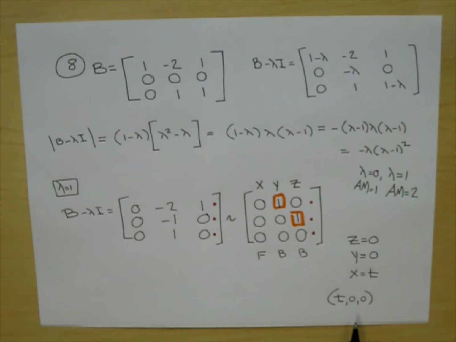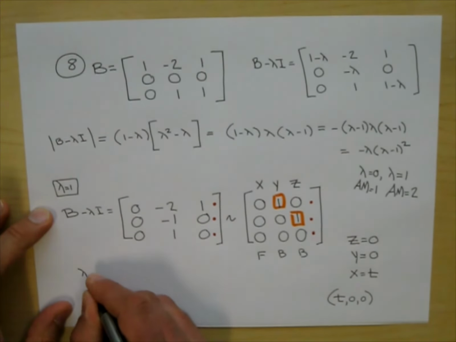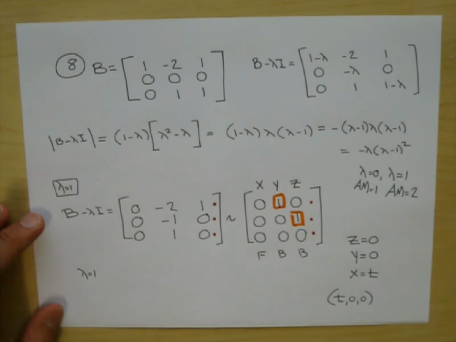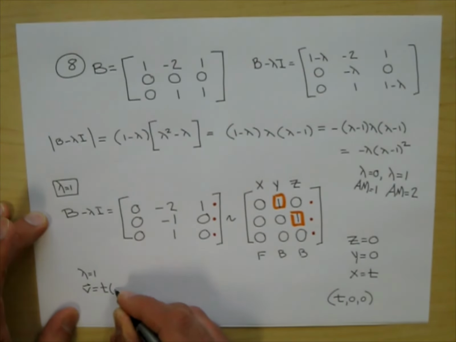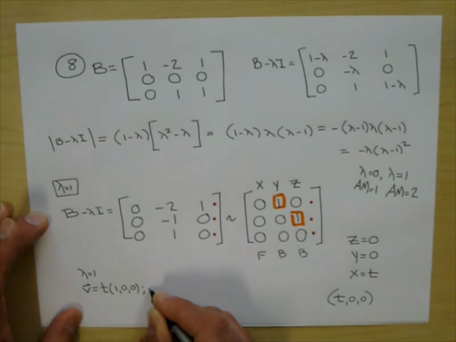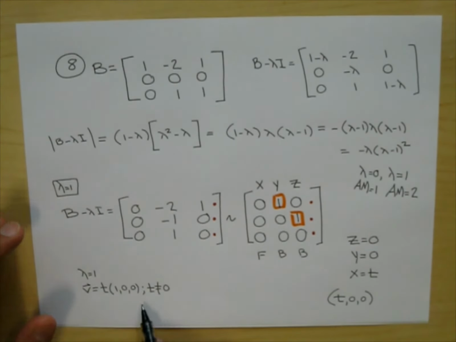So let's write up the information about lambda equals 1. Lambda equals 1. So the information is our eigenvectors look like this. They look like t times 1, comma, 0, comma, 0, where t does not equal 0. I went with the semicolon this time because, you know, whatever.